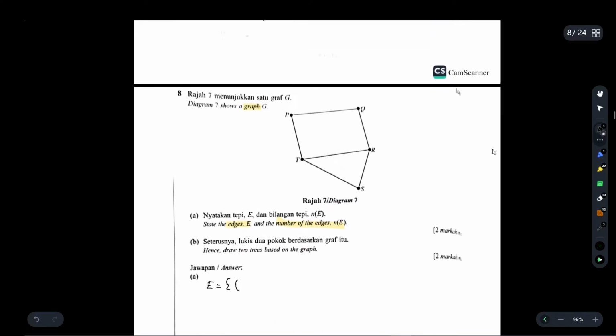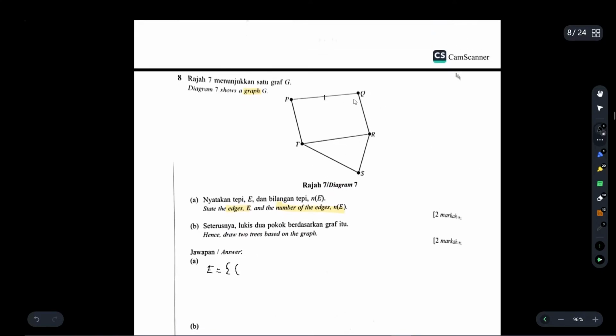First of all, we need to find the edges. So we have PQ and QR and RS and ST and RT or TR. It's the same thing, and we just have to write it once. It doesn't really matter whether you write it as TR or RT.